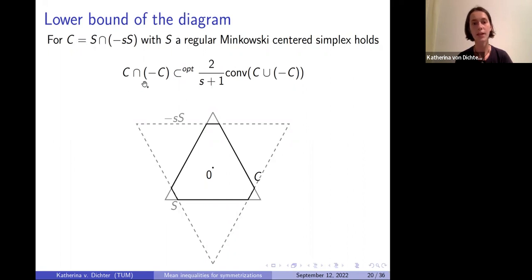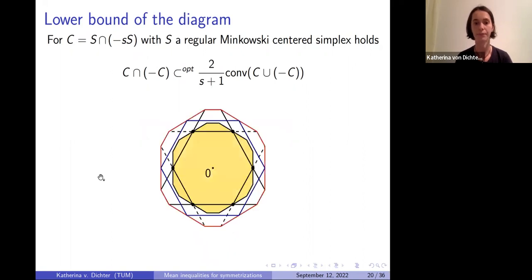And for this set, we have the optimal containment between the minimum and the maximum with the factor 2 over s plus 1, which corresponds to the lower bound. This s can be taken from any value from 1 to 2, and so we can fill out all the lower bound with this construction of this family of sets.